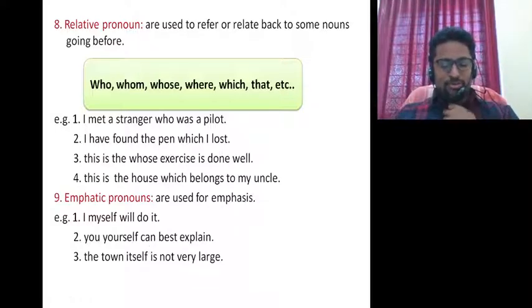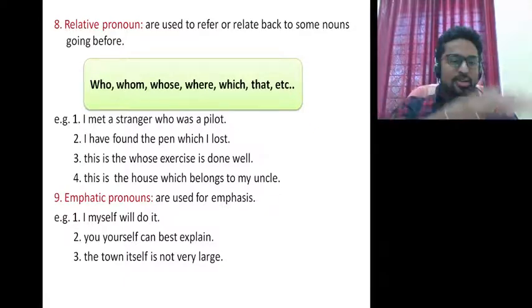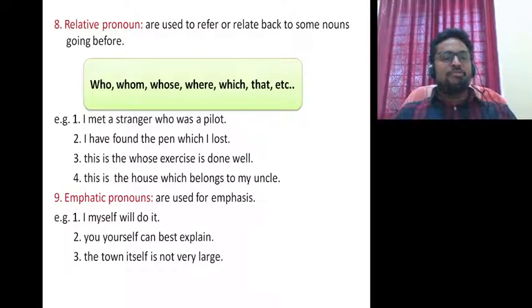In reflexive pronouns, whatever action is performed by the subject reflects back onto the subject. In emphatic pronouns we are showing emphasis, insistence. I myself will do it. You yourself can best explain. The town itself is not very large.